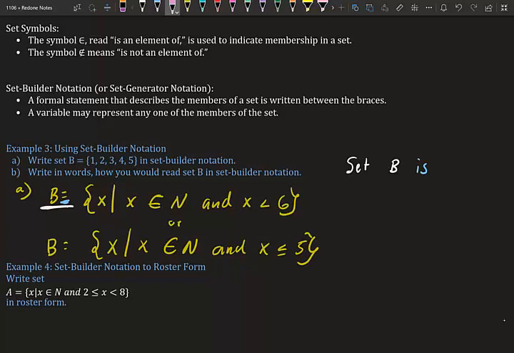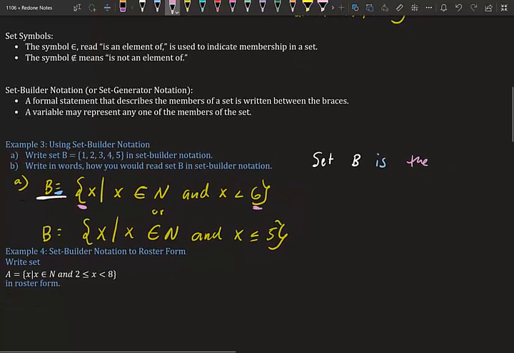So now we have the set of x. So we're saying braces, which means the set of. So we have the set of, and now we have x.